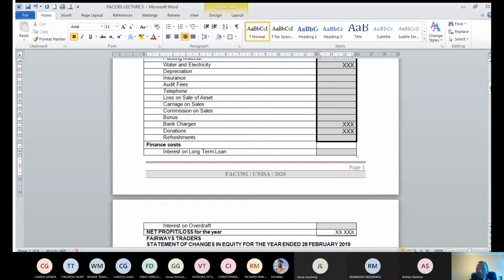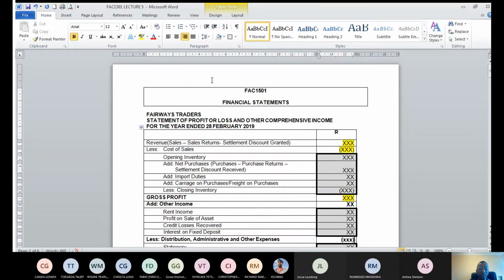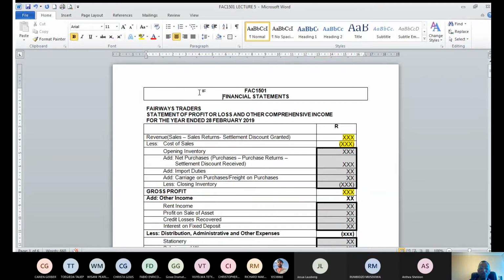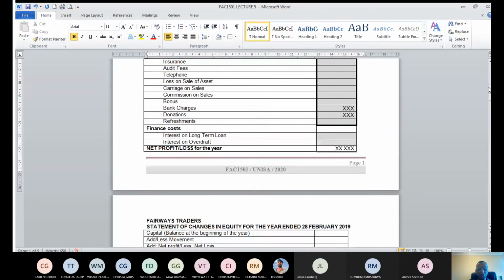You bring into account now your finance cost. Your finance cost can consist of interest on overdraft or interest on loans.